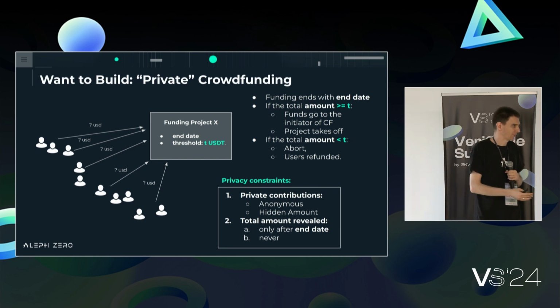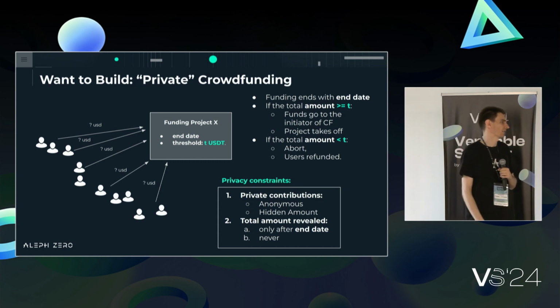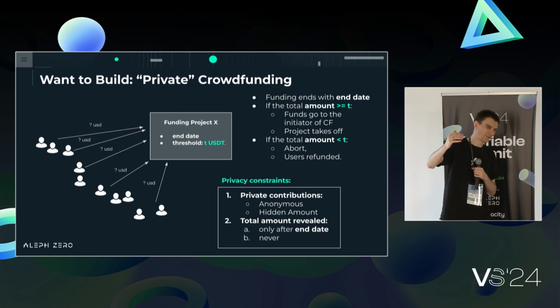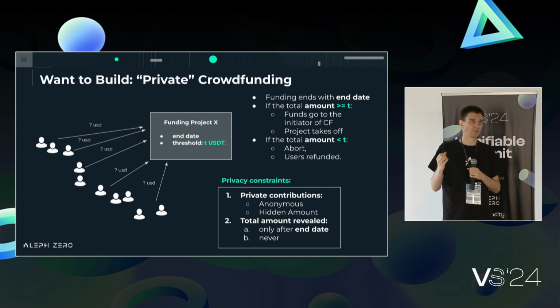But there might also be an even stricter privacy property, that even at the end, nothing is revealed. The total amount is not revealed. What happens is only that we learn one bit, the bit being whether the crowdfunding succeeded or not.